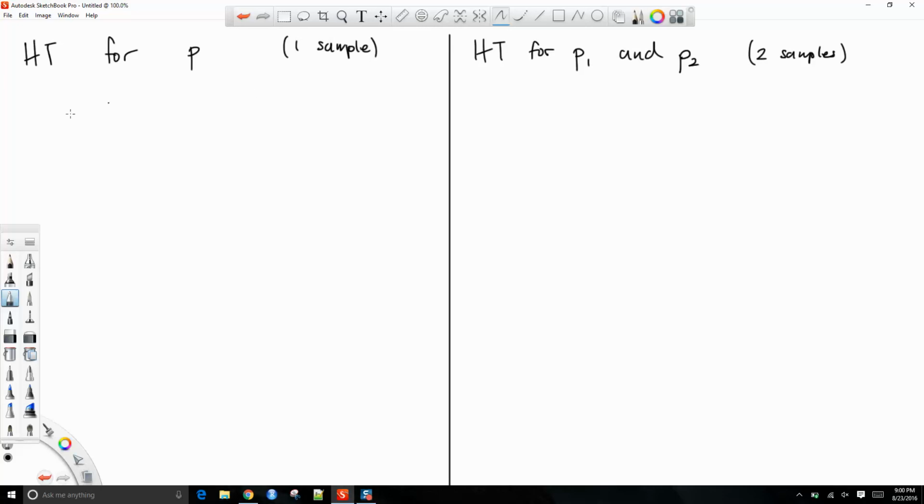Okay, so here the null hypothesis is P is equal to some number P0. For example, the null hypothesis is that P is equal to 0.47 or something like that. Someone claims it's 47%, whatever it is that we're talking about. And then the alternative is P does not equal P0, or greater than or less than, depending on the question.